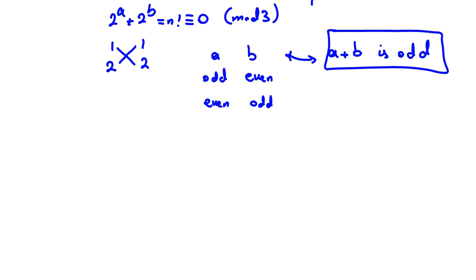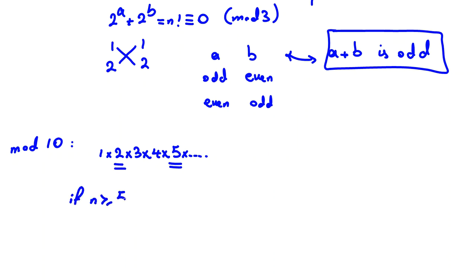So we want to find n factorial mod 10 and see which result we can reach. If n is at least 5, for example 1 times 2 times 3 times 4 times 5, because we have both 5 and 2, it will be a multiple of 10. So in case 1, n at least 5, n factorial mod 10 is 0, which means the last digit is 0.